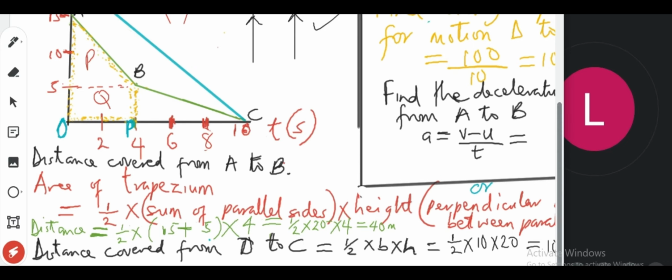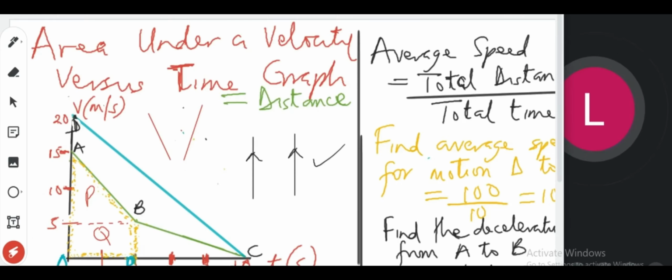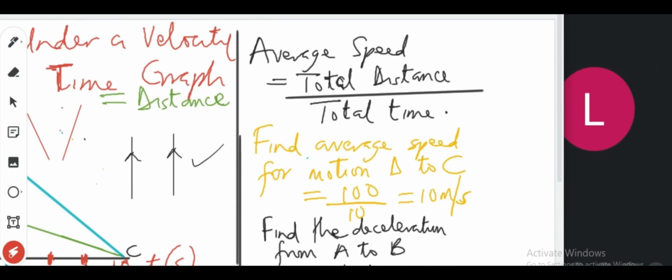Okay, another question may be to find the average speed. Average speed is total distance over total time.